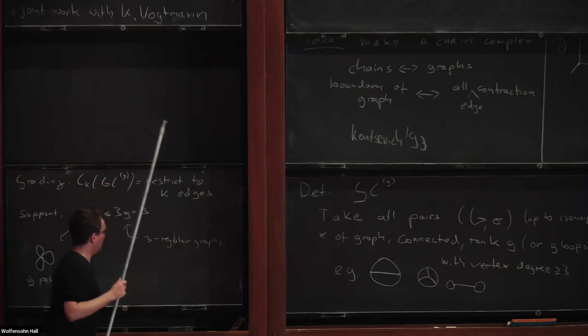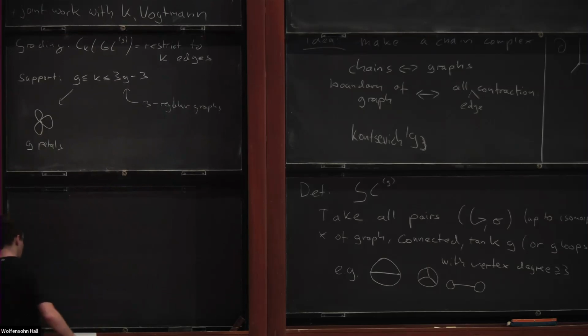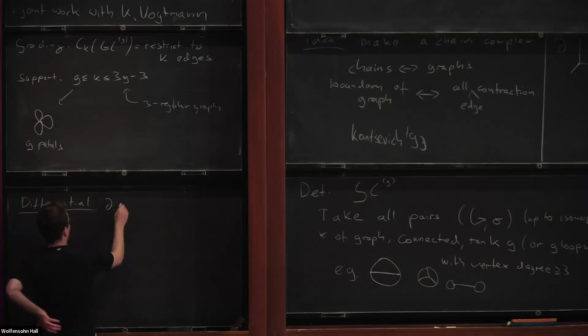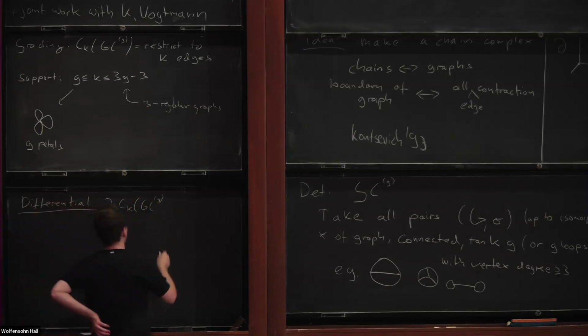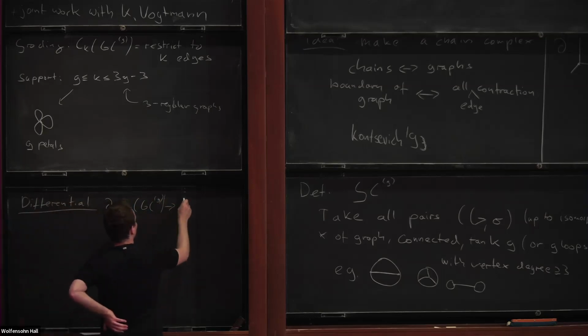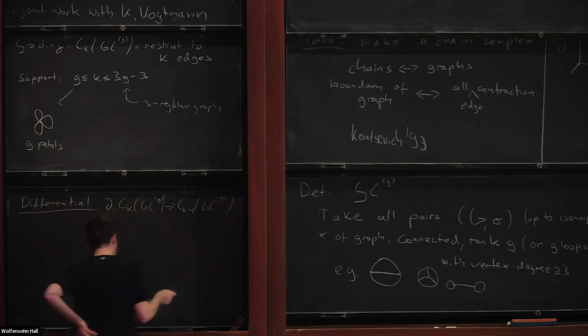And now we need the differential on this complex. So with all this definition, the differential is now very simple. So this just maps C_k of GC_g to C_{k-1} of GC_g.